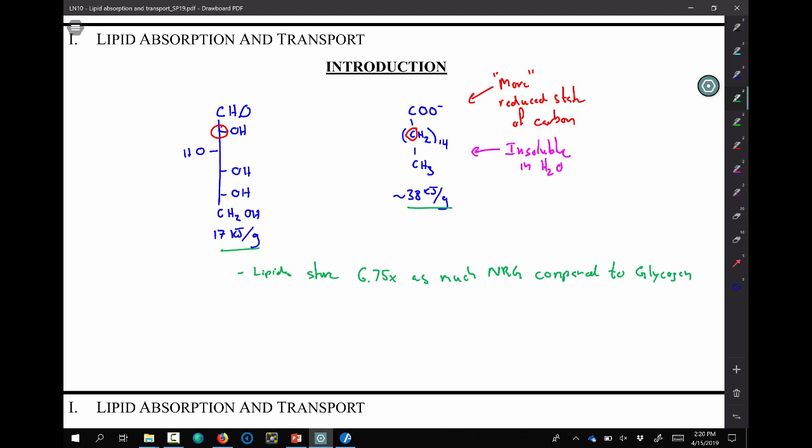Now here's the importance of this. If we were to consider a 70 kilogram male, your average 70 kilogram male will have about 11 kilograms of lipid storage, on average.